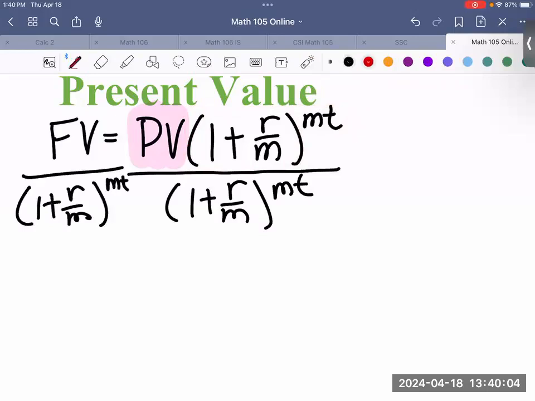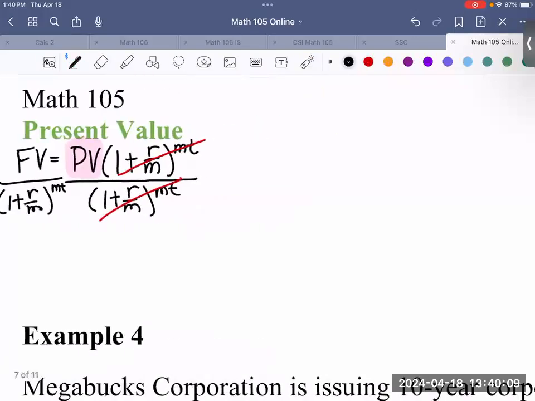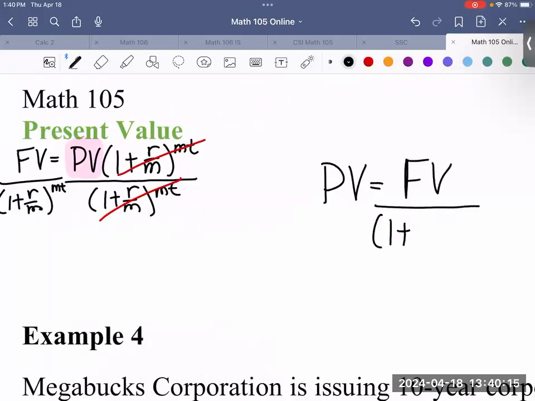We can cancel out on one side, and we're left with the following formula. PV is equal to future value divided by 1 plus R over M times MT.